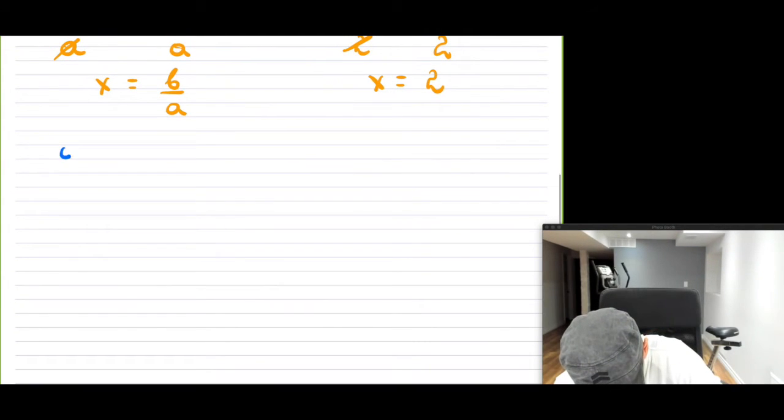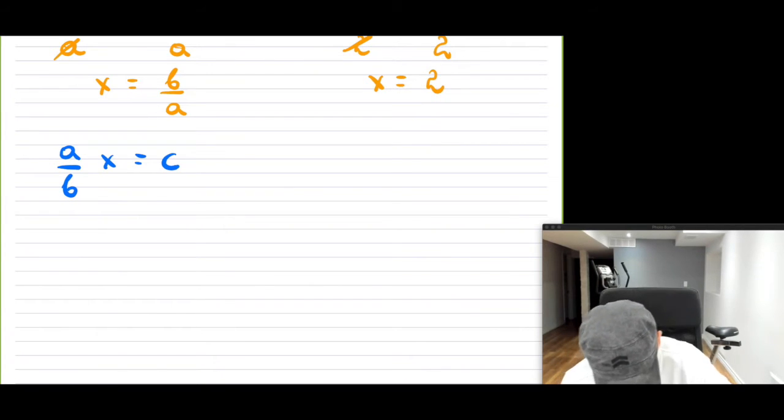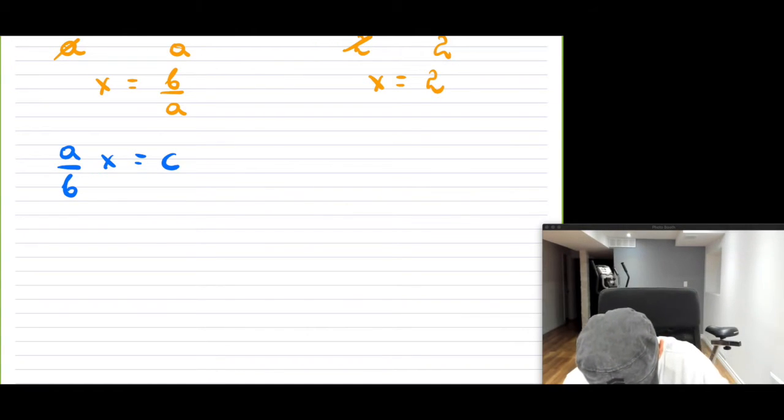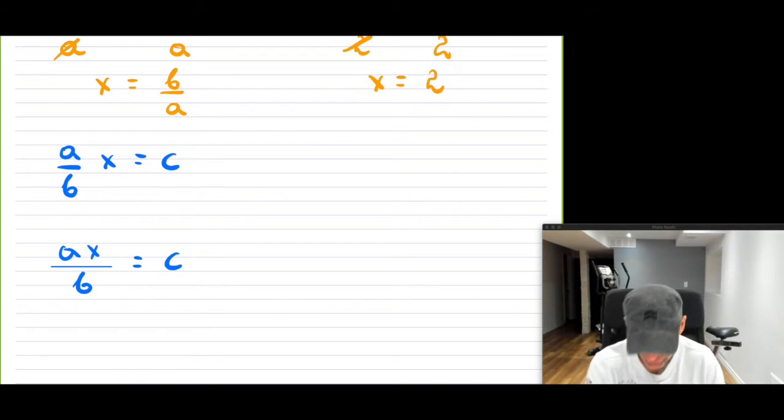So now the second one: what if instead we had something like this? We have something almost in fractional form, or sometimes you might see AX over B, which is equal to C. Both of these are identical.